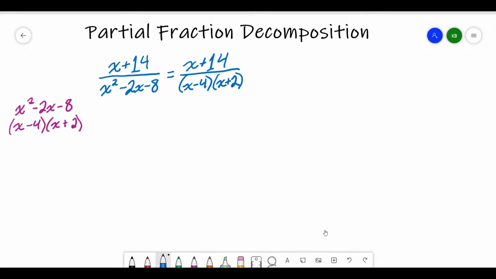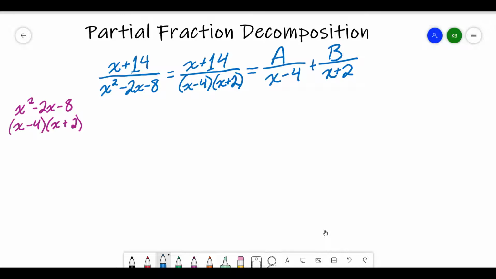Now, what partial fraction decomposition says is, you have something that has a denominator of these two pieces being multiplied together, so we should be able to break that up and say this is really some value A over the first part plus some value B over the second part.